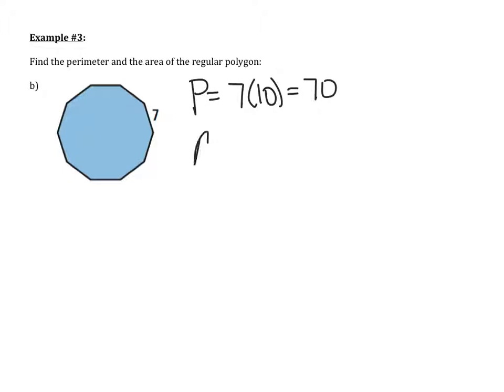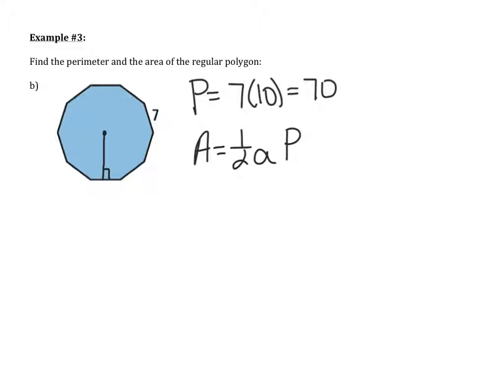But for the area, we not only need the perimeter, but we also need the apothem, which we are not given in this case. So let's figure out what the apothem will be. So I'm going to first draw it in. We know that the apothem starts in the center of the polygon and goes straight down perpendicular to one of the sides.